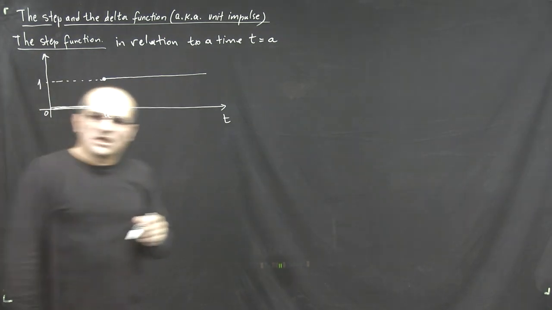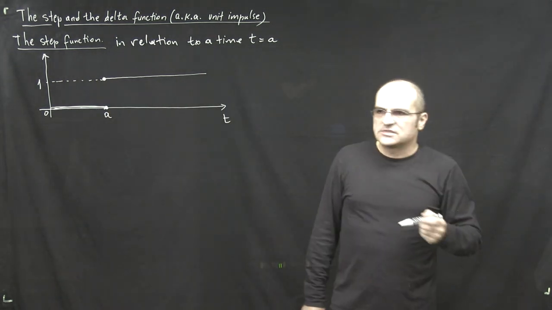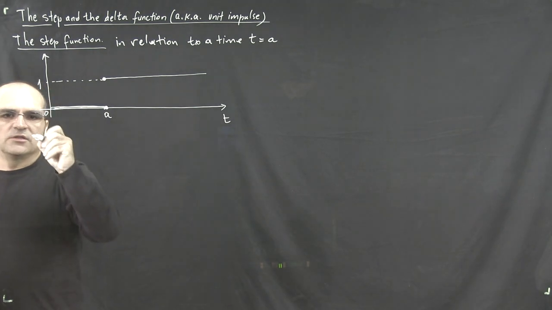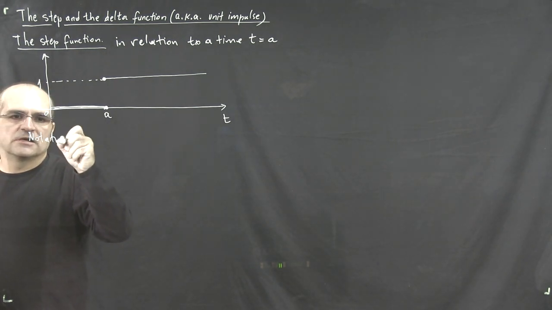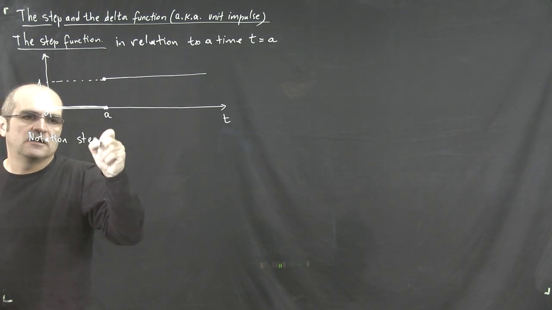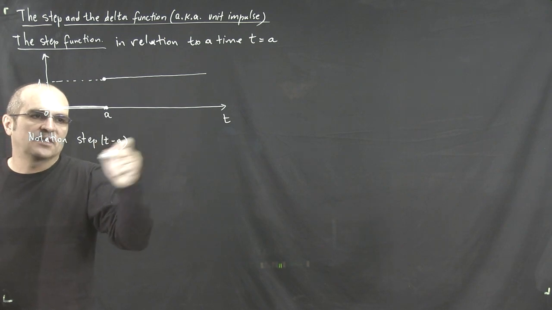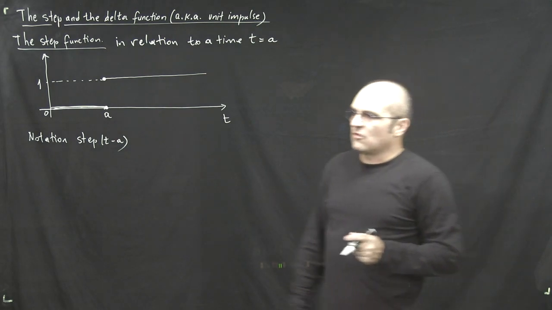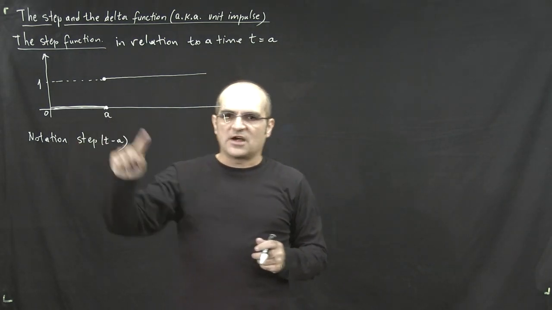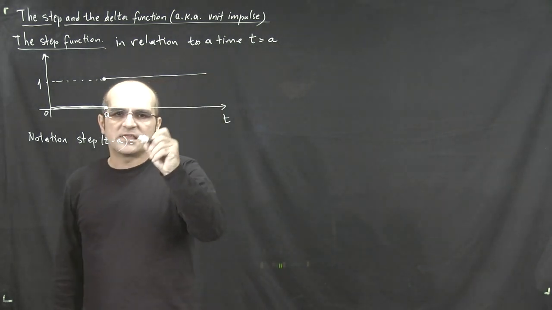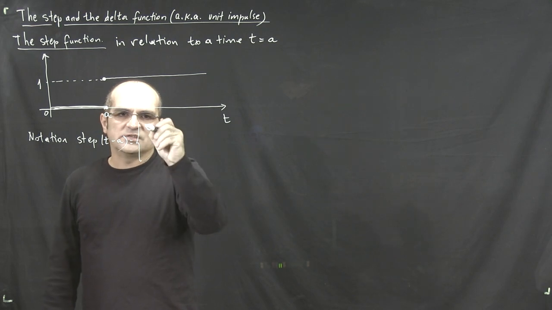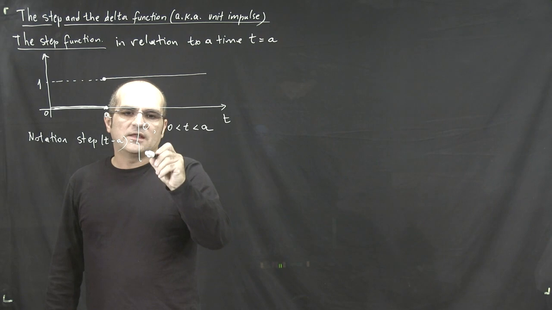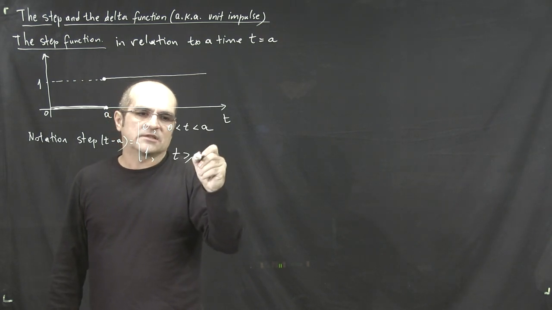So there are various notations for this function. I'm going to use the one in the book that we use in this class. So the notation is step of t minus a. So this is really a notation for the function itself, which simply states that the value of this function is 0 if t is between 0 and a, and then it's 1 if t is greater than or equal to a.